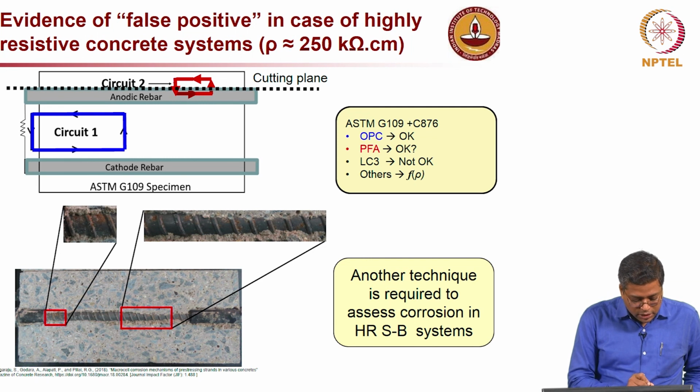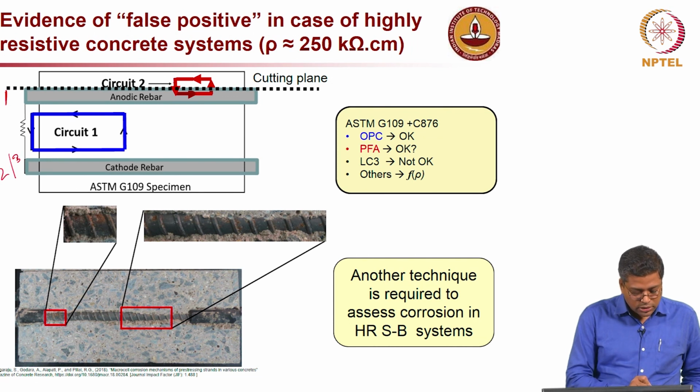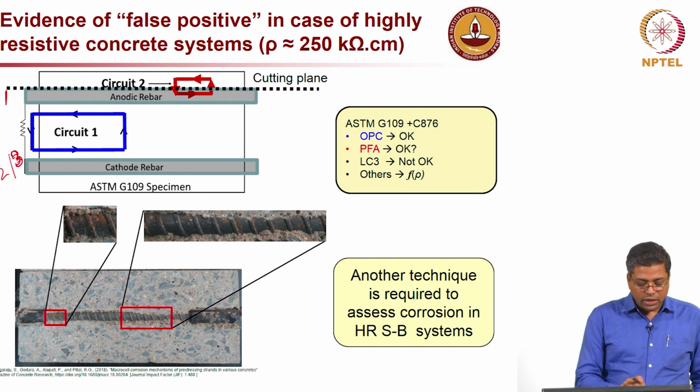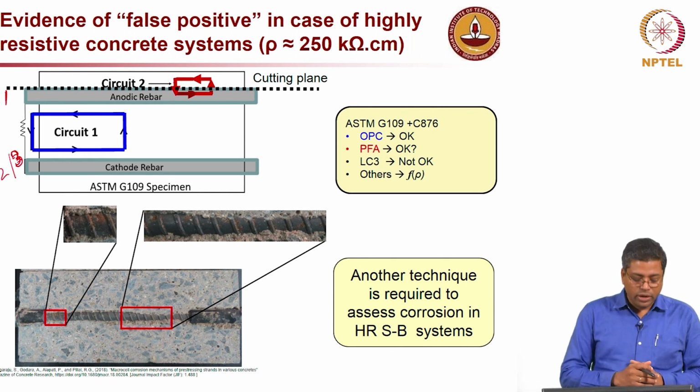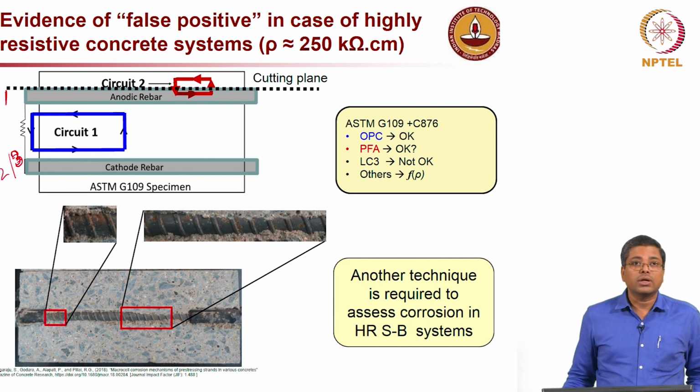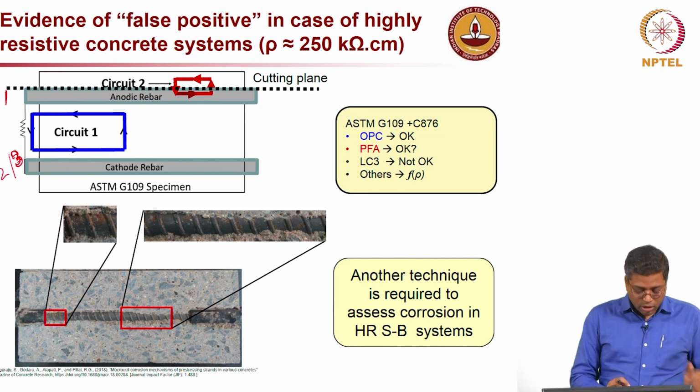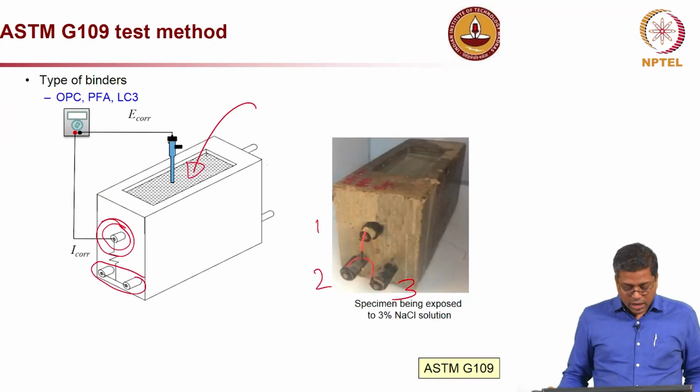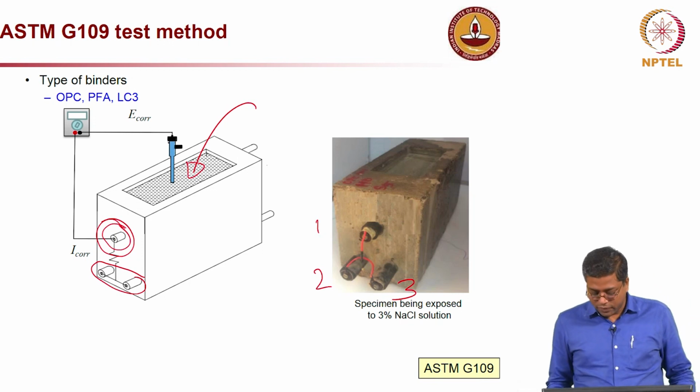This is the anodic bar at the top, bar number 1, and this is bar number 2 and bar number 3, as I showed in the previous slide. So, circuit 1 between the anodic rebar at the top and the cathodic rebars at the bottom is what usually happens in this kind of testing.